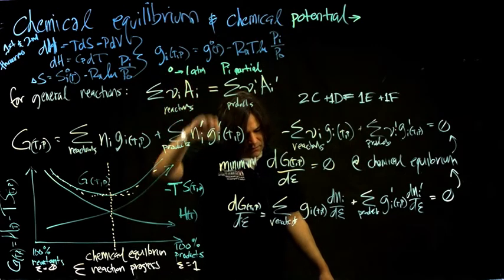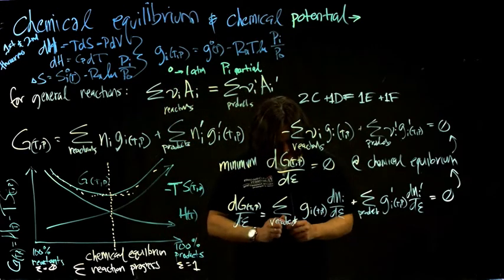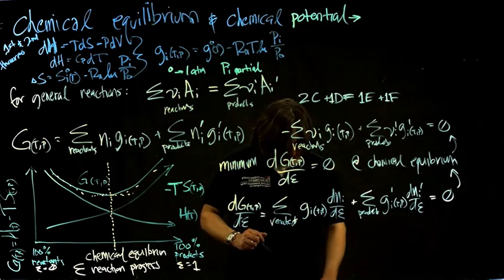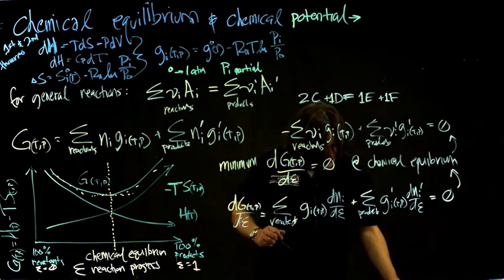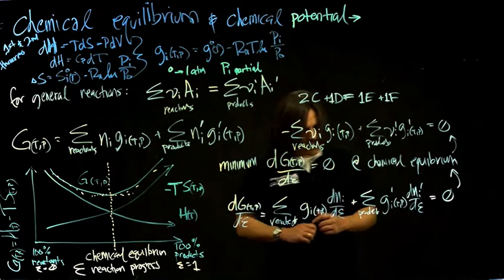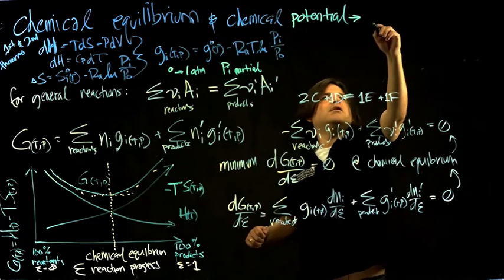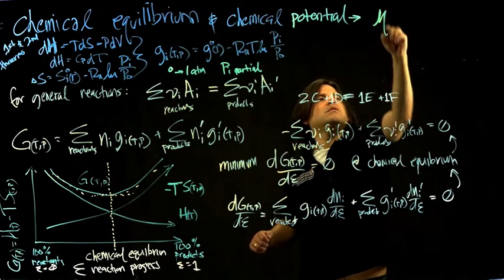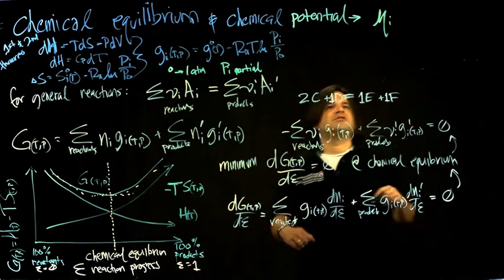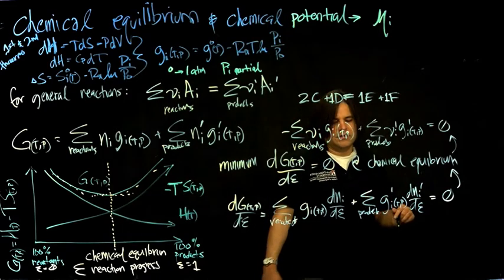I didn't write the, was it here? Yeah. So the chemical potential is a new symbol called mu, and it's usually expressed in terms of each component only.